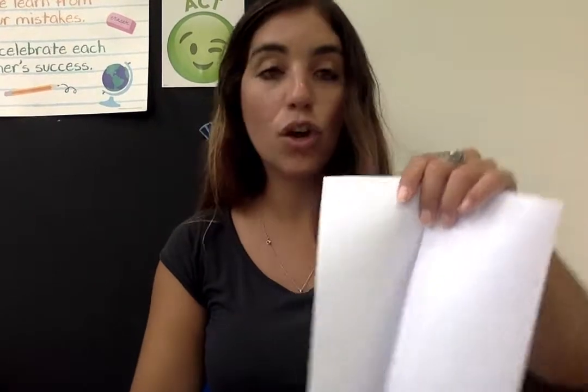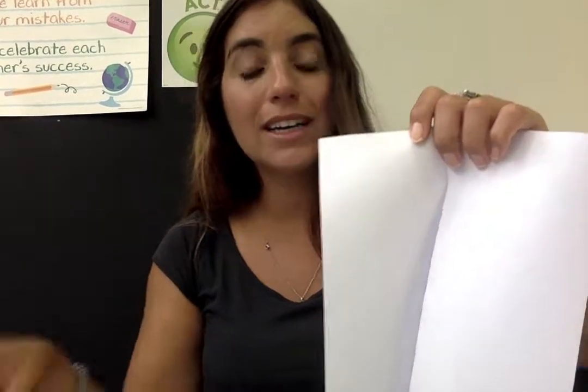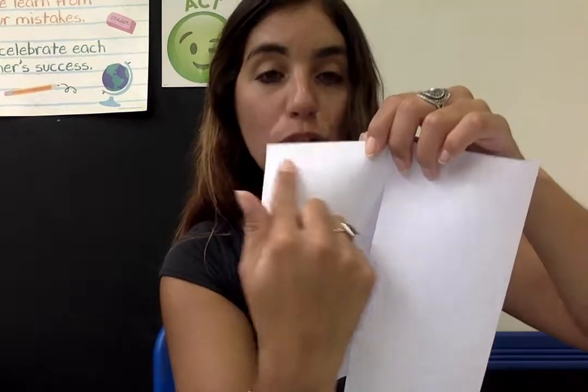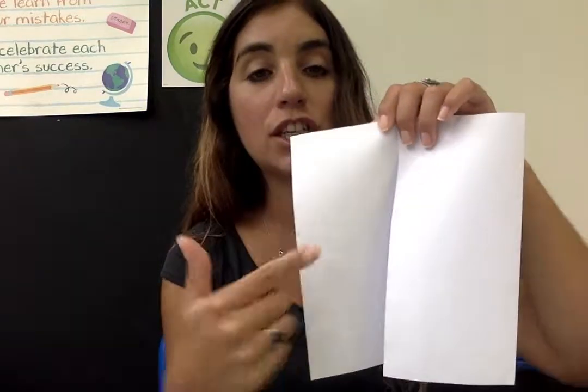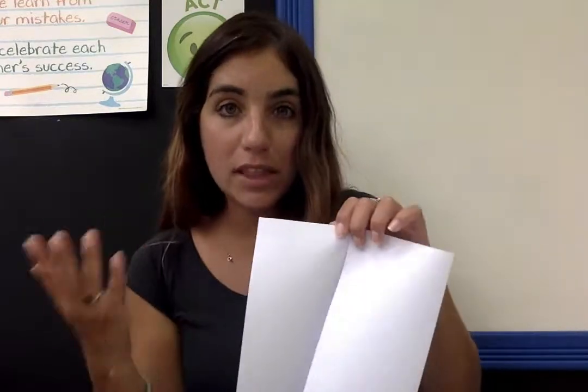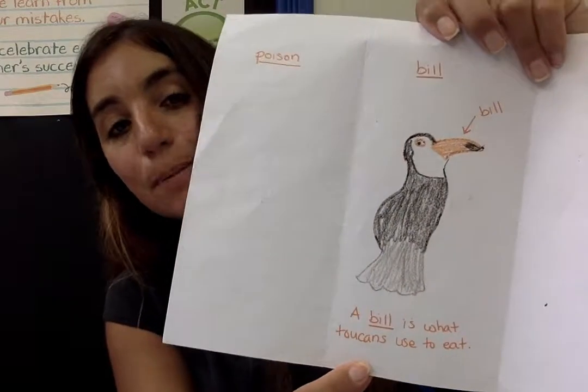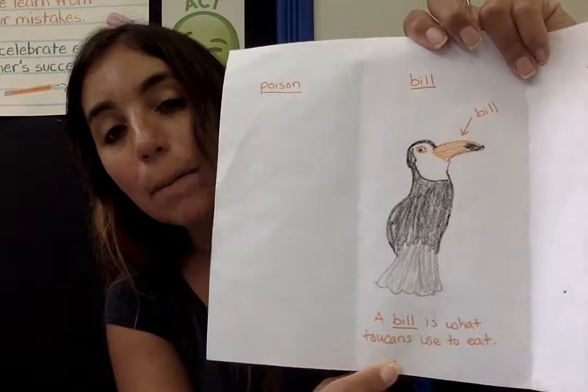On this first page, you're going to put your first word. Your first word is apology. You're going to write the word apology. You're going to draw a picture of what you think apology means. And then down here, like I did in my example right here, you're going to explain what an apology is.